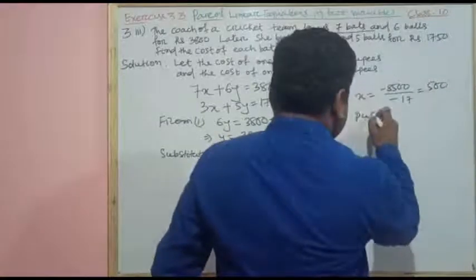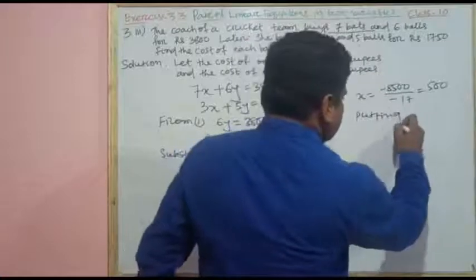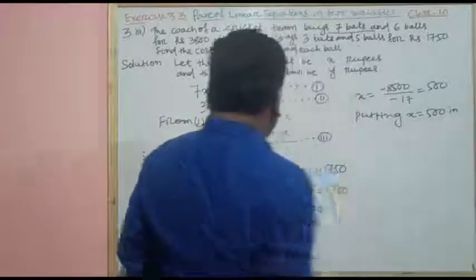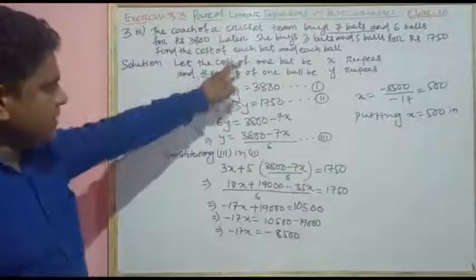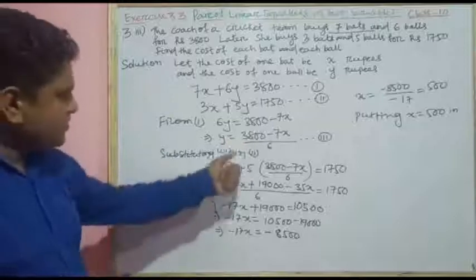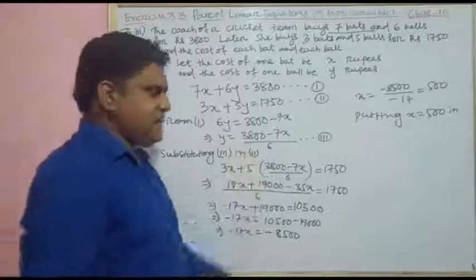Putting x equal to 500 in any of the three equations, that is equation 1, equation 2 and equation 3, it will be easier to put in equation 3.